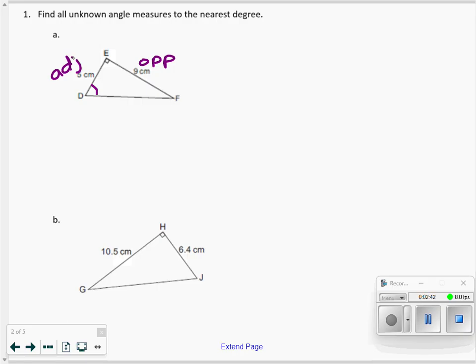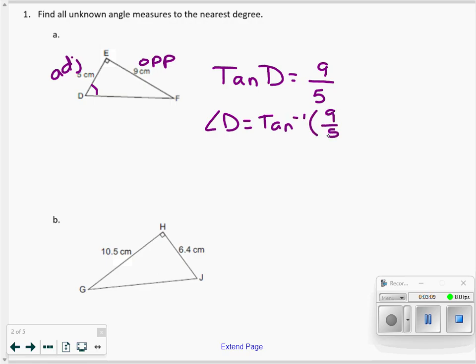What trig ratio uses opposite and adjacent? So tan D equals 9 over 5. What's the opposite of tan? Tan minus 1. Oh no. So angle D will equal tan minus 1 of 9 over 5.